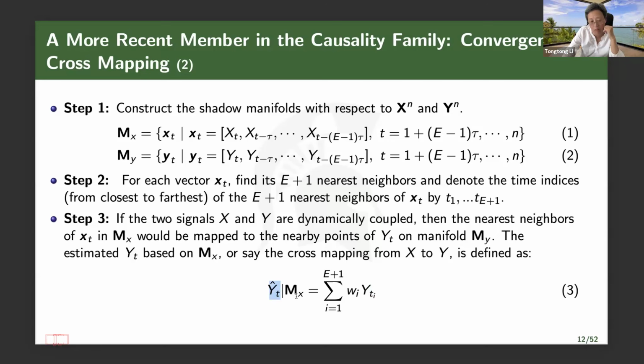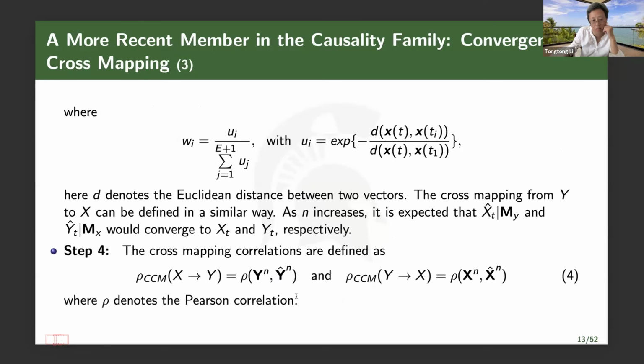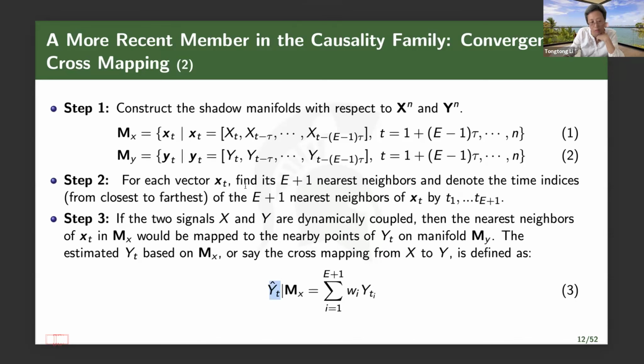Okay, and then we consider the correlation between the estimated y here. I have to explain this a little bit. So once we consider this vector x_t, we find its nearest neighbors and we find this index. When we consider nearest neighbors, it's the nearest neighbor in this high dimensional space.